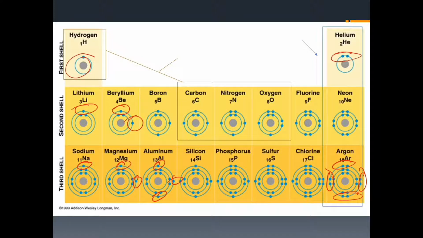If you do remember graphing the atomic radius, you started with lithium, and then as you went across from beryllium, boron, carbon, it started to decrease, and then you shot back up at sodium, and it did the same thing again. And that is because of how many electrons you have and how many electrons are in the outer shell.